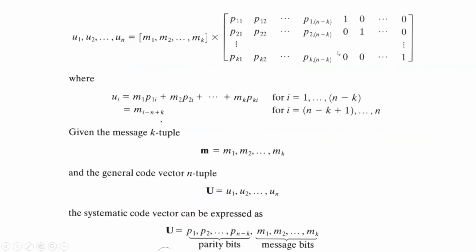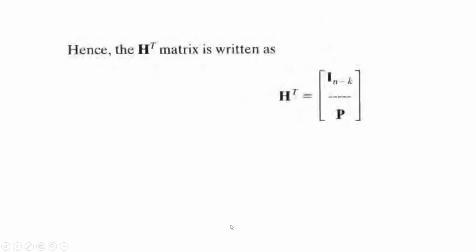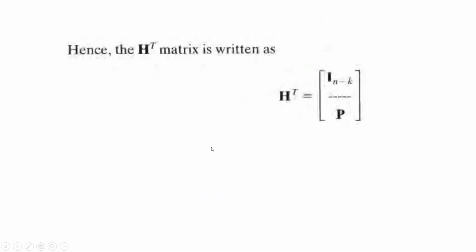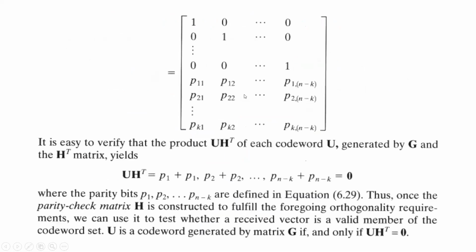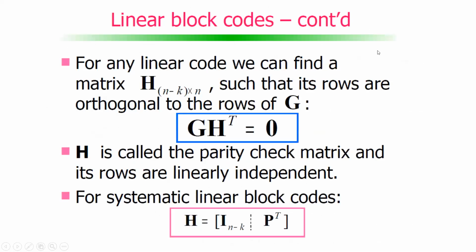How to generate H from G? Let me show you how I can generate H transpose from G. The identity matrix here is of dimensions K cross K, but as I said, H will be equal to I n minus k, P transpose.